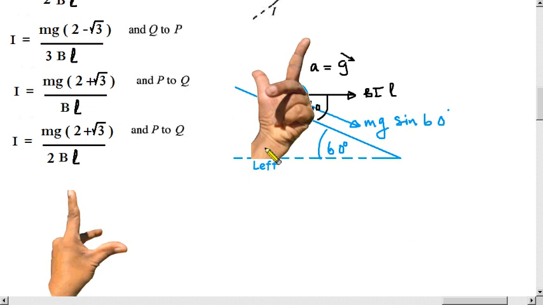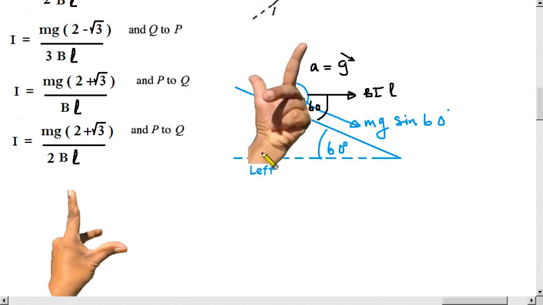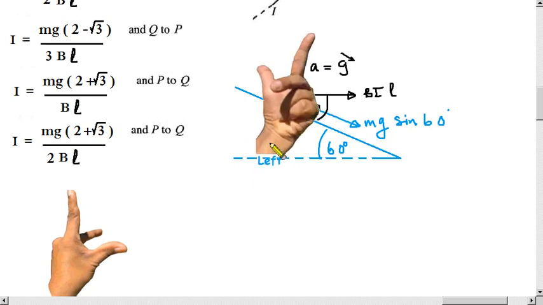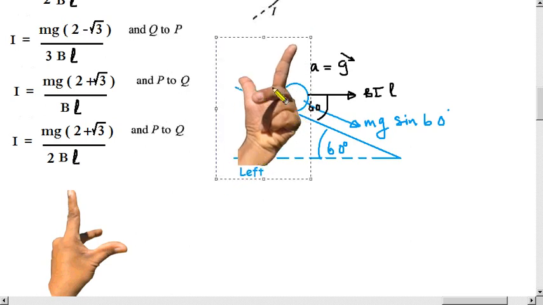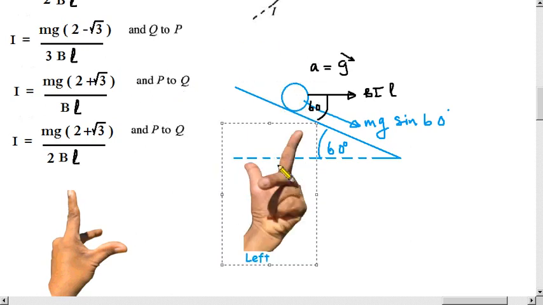We remember that the index finger we have to first direct towards the direction of B, like this. If the current is coming out from the paper like this, the middle finger is showing, then we get the force towards the left side. So that we don't want. We don't want any force to the left side.